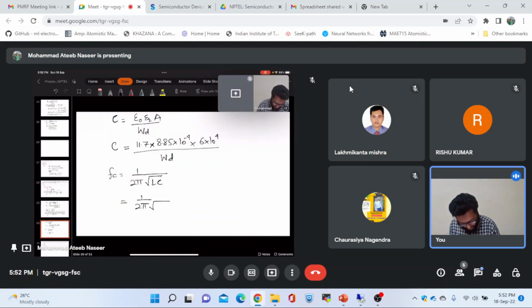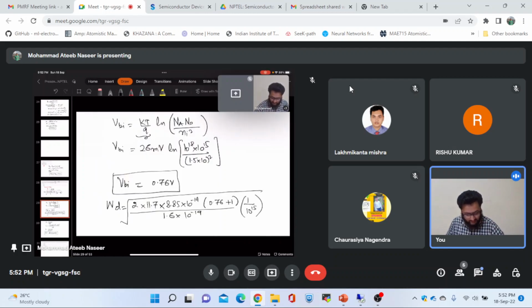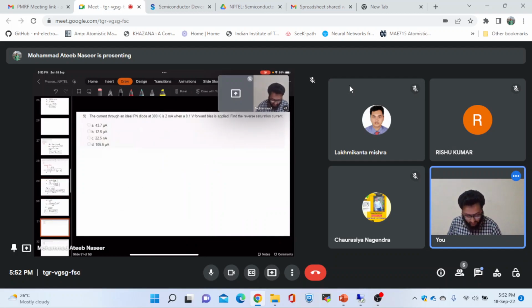This is 2.2 into 10⁻³. So अगर हम कैपेसिटेंस का वैल्यू अब यहाँ पे पुट करेंगे तो हमारे पास इसका आंसर आ जाए। तो because this is a lengthy calculation, I will be skipping this as we have to complete other two questions as well.